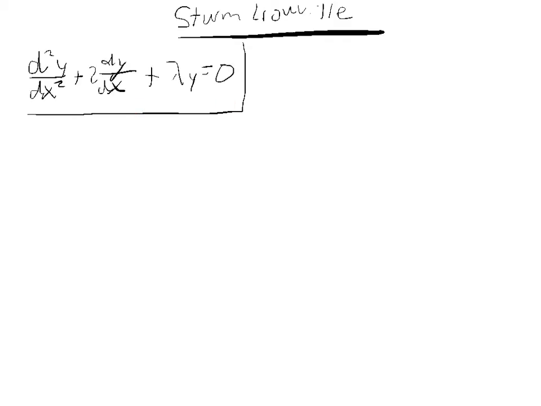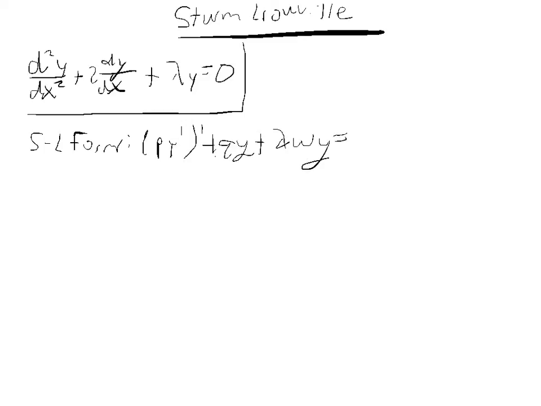So, what is Sturm-Liouville form? Sturm-Liouville form, as a reminder, is simply (py')' plus qy plus lambda wy equals 0.